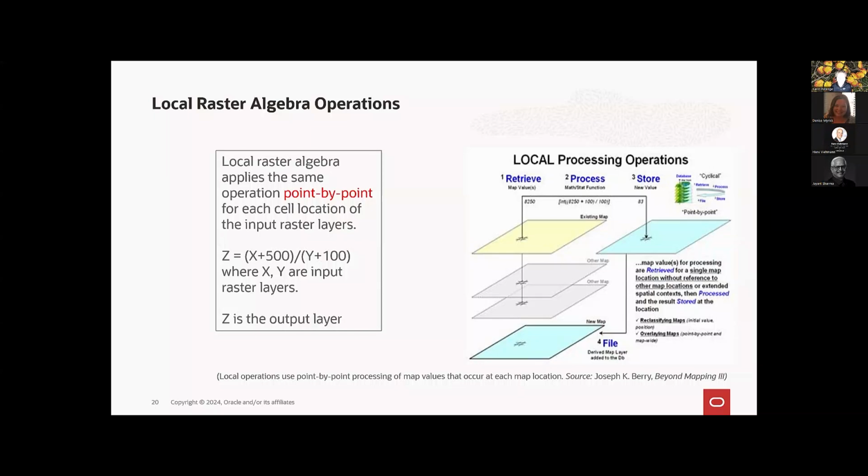And then we either create a new raster image or raster object from that operation, or we update the original raster object with the result of that operation we are going to do.